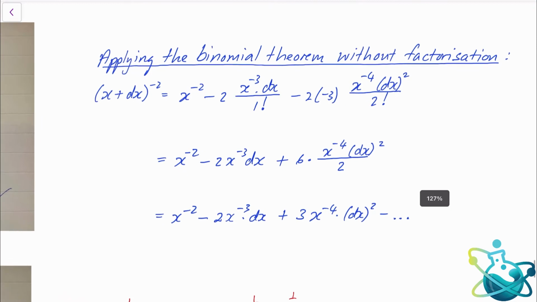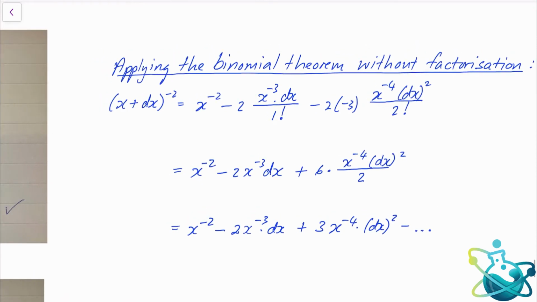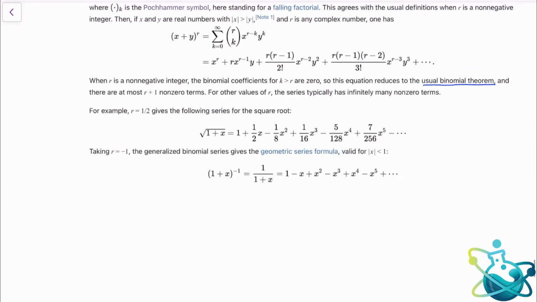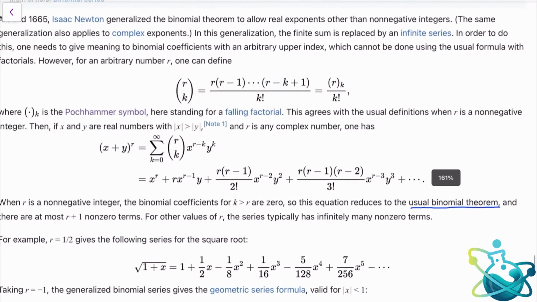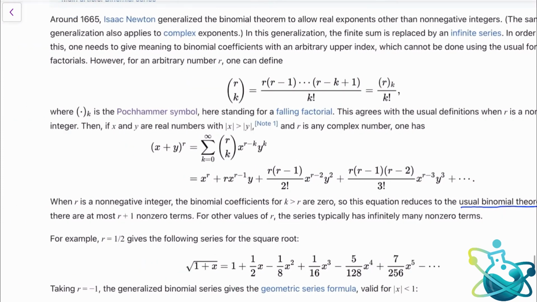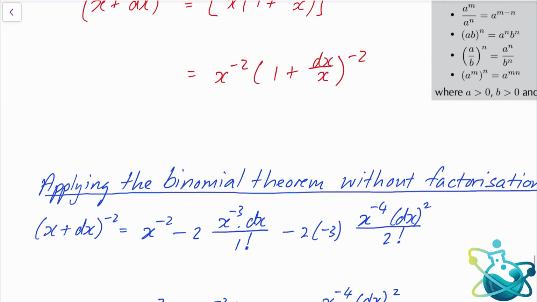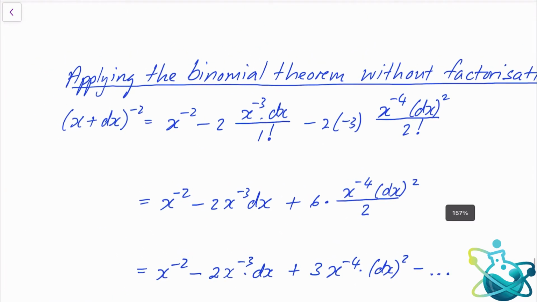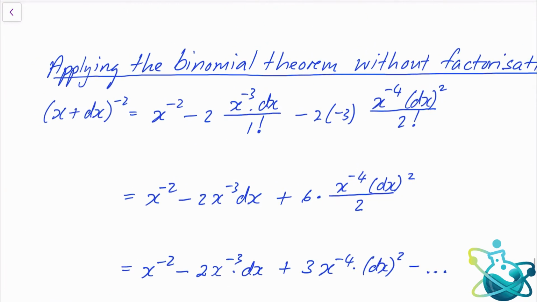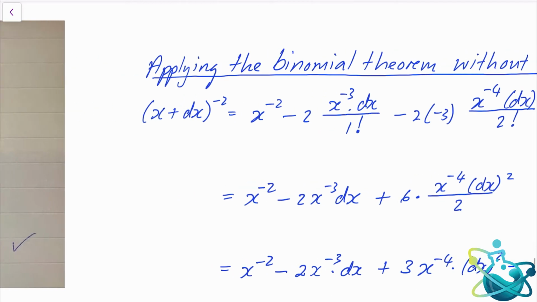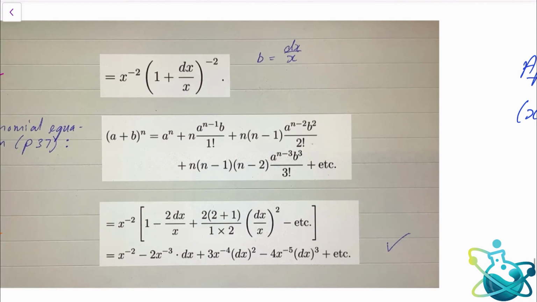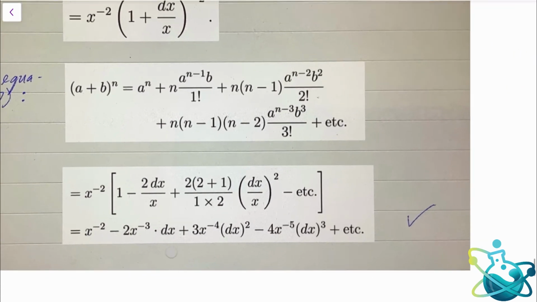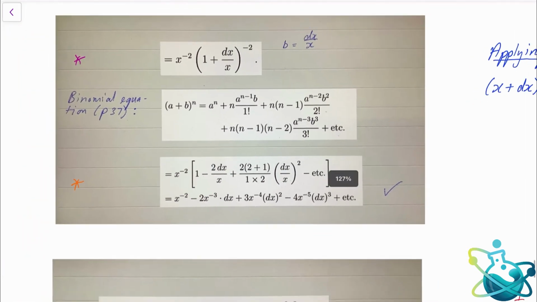You can pause the video and go through this yourself, and you will see the answer here is exactly the same as this one here. So you don't have to do this factorization, as far as I'm concerned, guys.